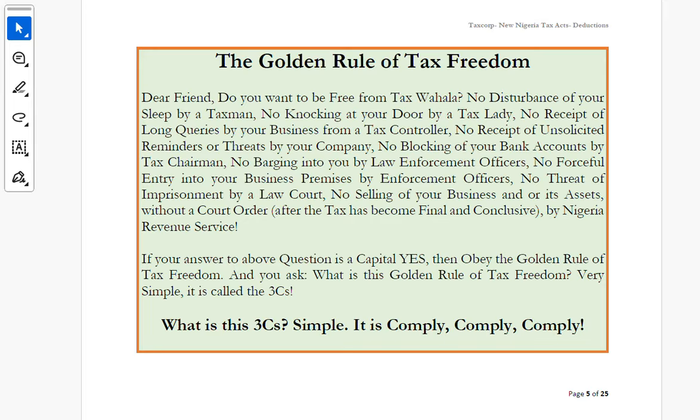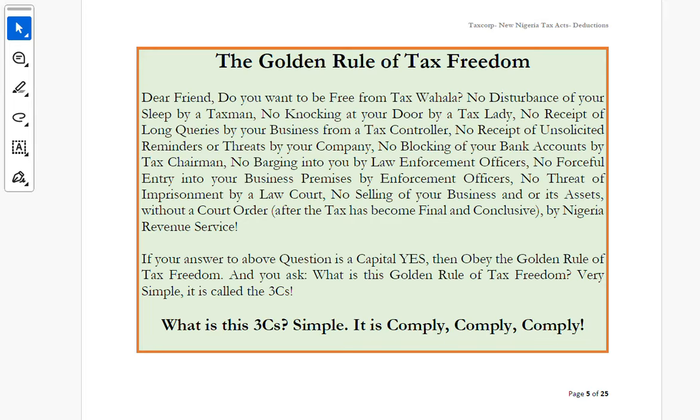No blocking of your bank accounts by a tax chairman? No bargaining to you by law enforcement officers? No forceful entry into your business premises by enforcement officers? No threat of imprisonment by a law court? No selling of your business and or its assets without a court order after the tax has become final and conclusive by the Nigerian Revenue Service?